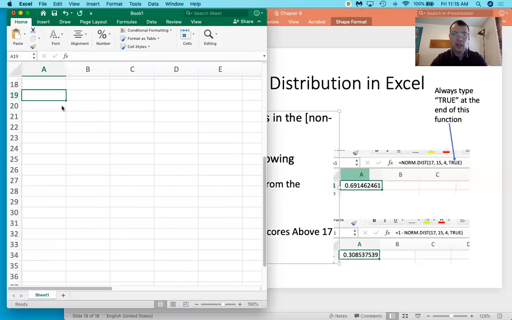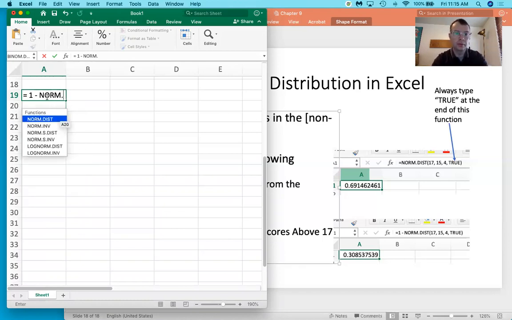If I want an above and I want to use norm dist, the first thing I do is type 1 minus, right? Because norm dist gives us the bottom of the normal distribution. If we want 17 and above, we take the full curve, 1.0, and we subtract from it the bottom, below 17.